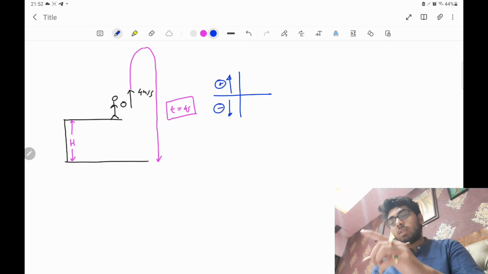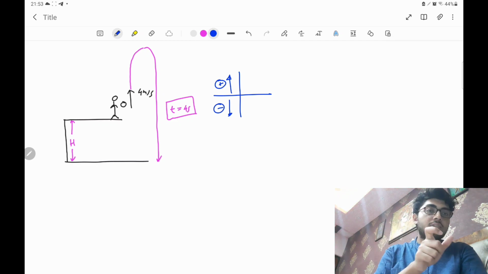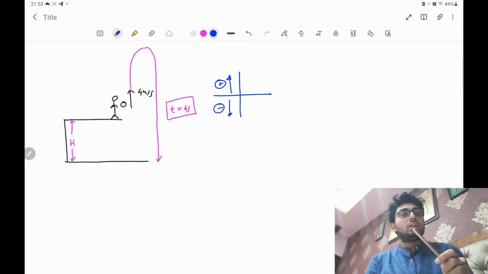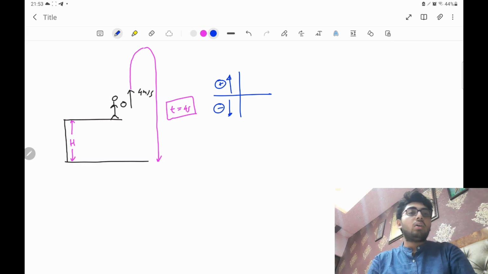Another thing you should remember: y equals ut plus half at squared. In this particular equation, y is actually displacement, not distance. Although the trajectory of the ball is first ascending and then descending, I will take only the displacement.